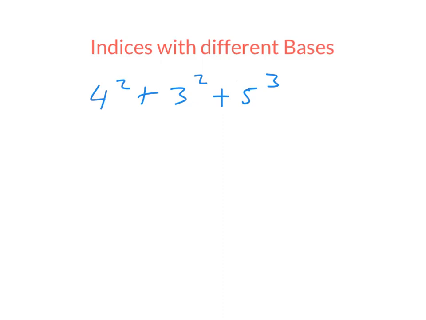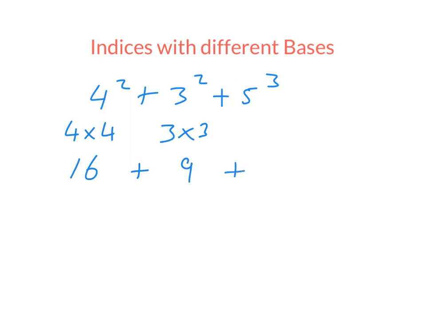Here again we have another example. We are adding 3 indices with 3 different bases, so we're going to have to do each independently. The first is 4 squared, or 4 to the power of 2. That means 4 times 4, which gives us 16. And to this we're going to add 3 squared, or 3 to the power of 2, which is 3 times 3, and that gives us 9.